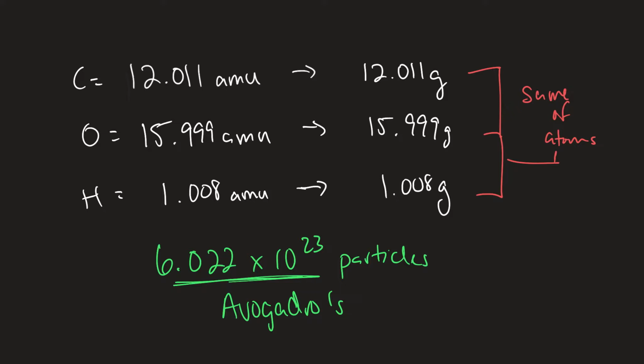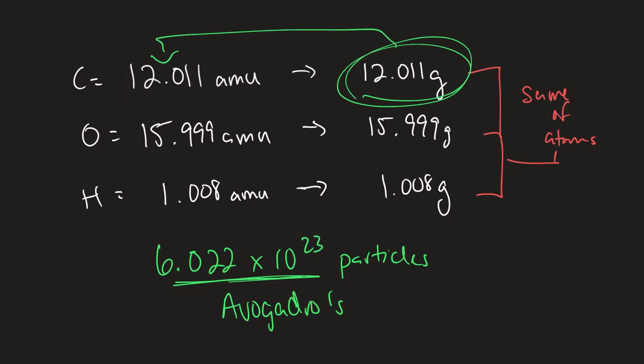We'll dive more into Avogadro's number. But it just turns out that anytime you have a mass that is the same number in magnitude as the atomic weight on the periodic table, we will have 6.022 times 10 to the 23rd of that particular substance.